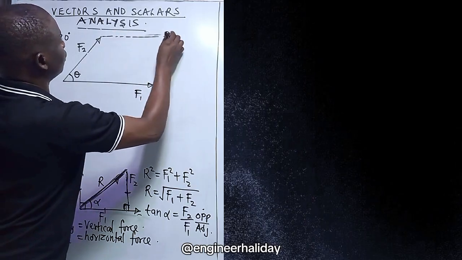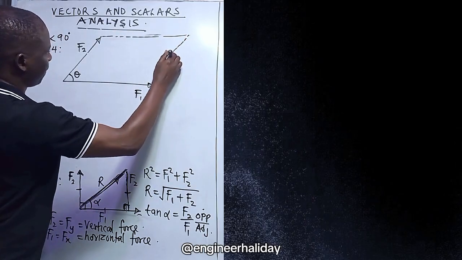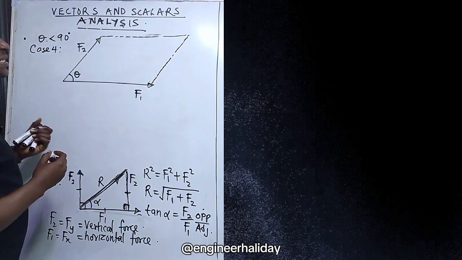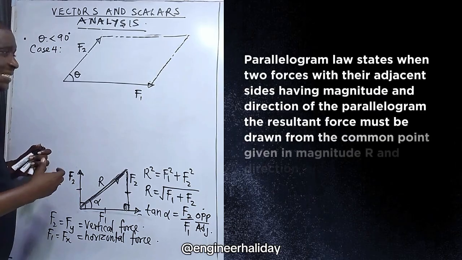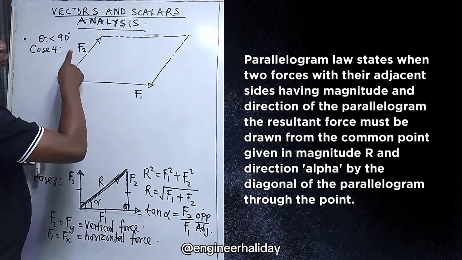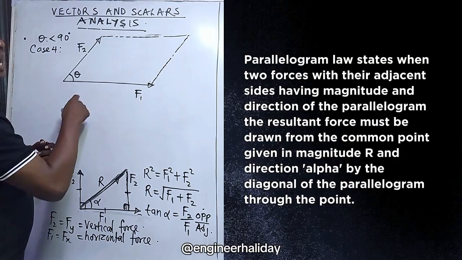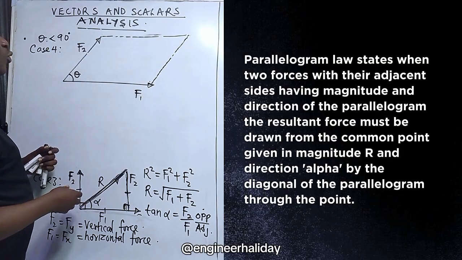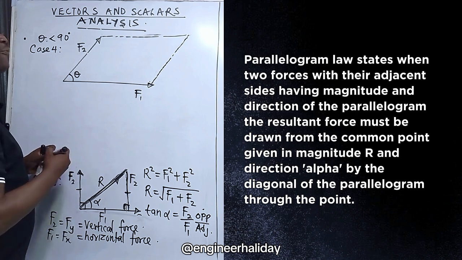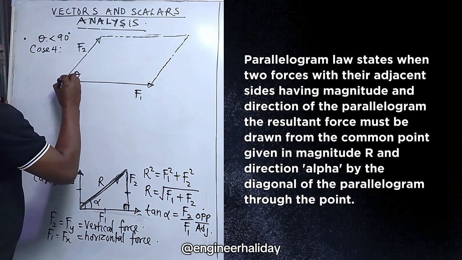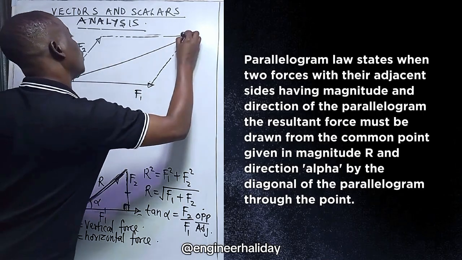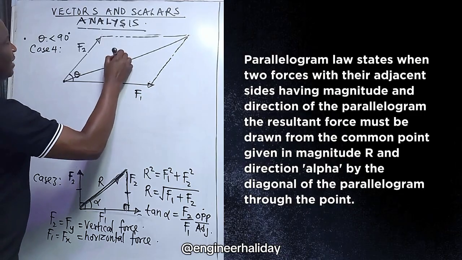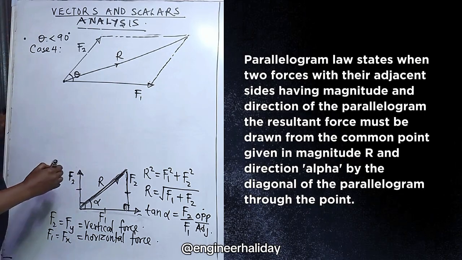According to the parallelogram law, when two forces are represented with their adjacent sides having magnitude and direction, the resultant force must be drawn from the common point. The common point means the meeting point. So this is the resultant force. You must not draw it from any other place.